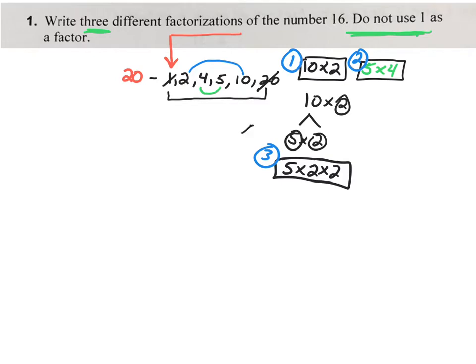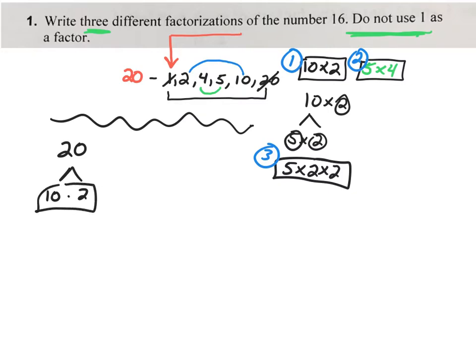Another way, for the number 20, could have been a factor tree. 20, so we could say 10 times 2. Well, there's 1. Let's do another one. 20, 5 times 4.